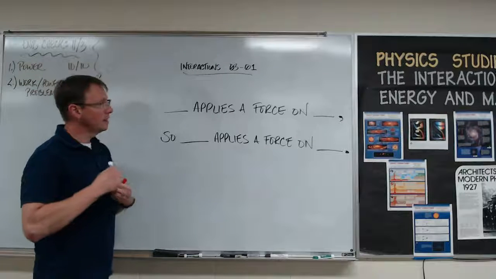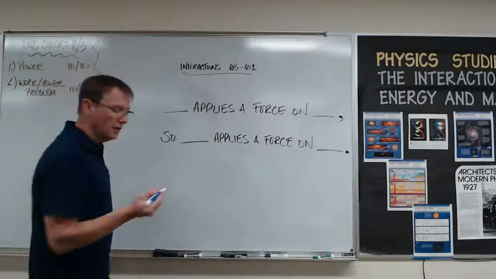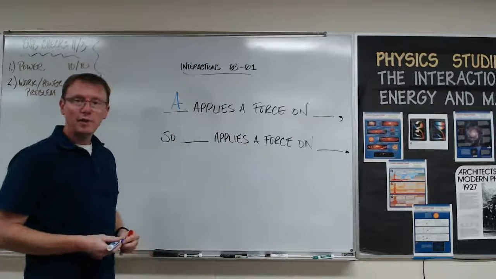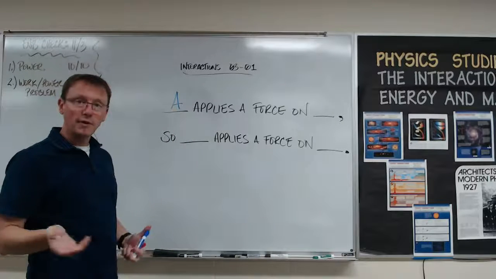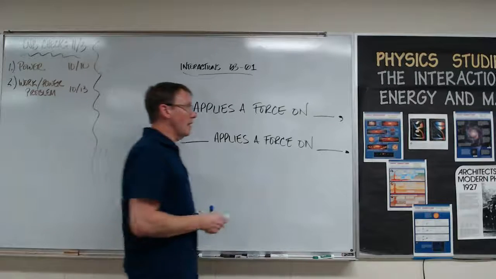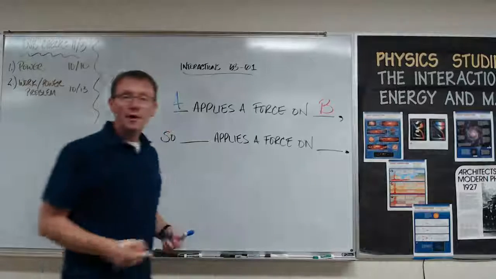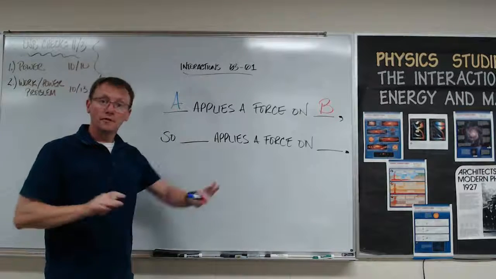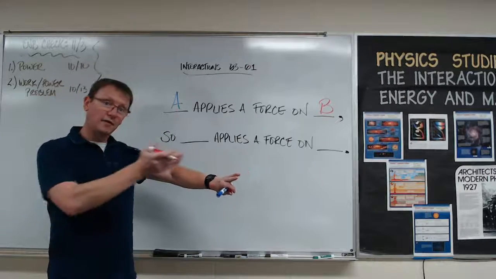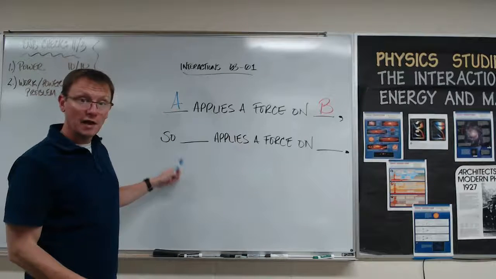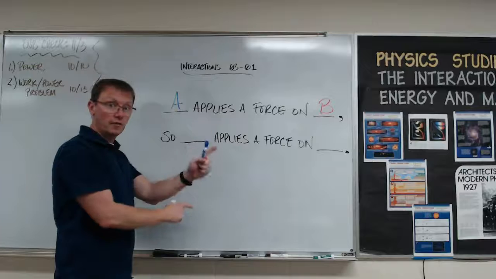I'm just going to use some letters here. So I'm going to use A right here. So A applies a force on some other object, right? So let's say that object is B right here. So A applies a force on B. Two different objects. A is applying a force onto B. So the reaction force then is just switching them, okay?